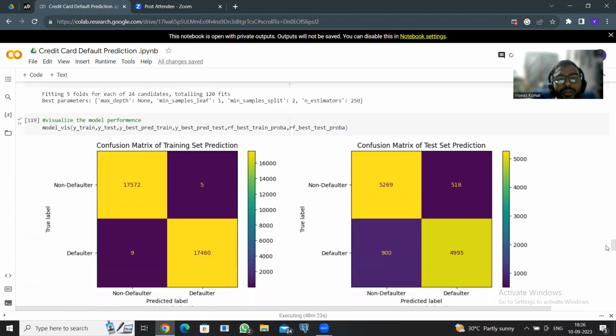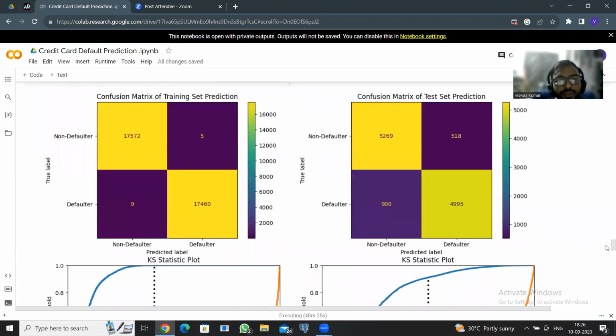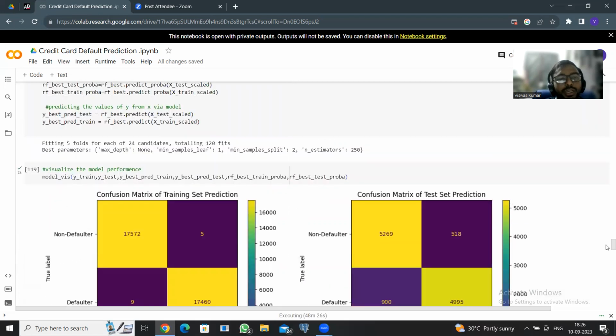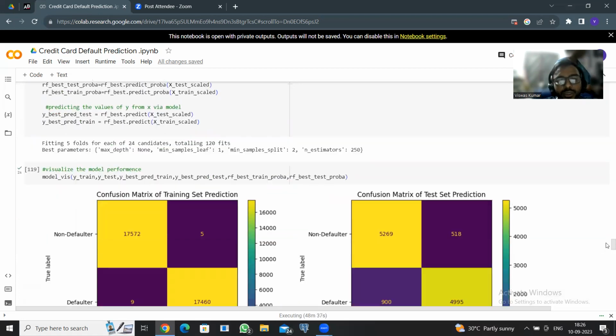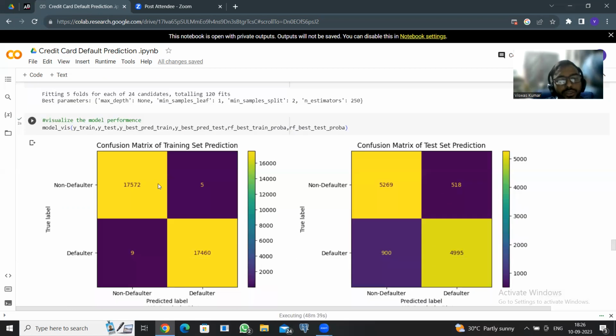With these parameters, I fitted the training data into the best random forest algorithm and got the confusion matrix. The numbers have decreased in the training data set, so the model has been improved slightly.